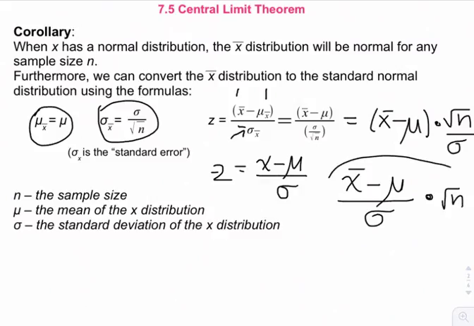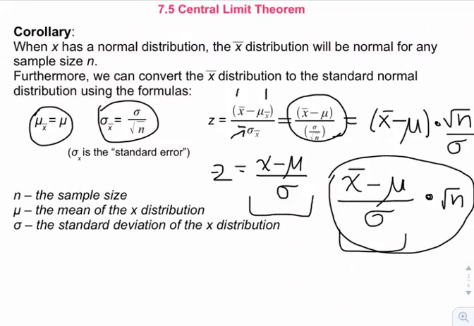So this is an alternative formulation you can use instead of this if you like. They're equivalent, but this left factor looks very much like this with the adjustment of this square root of n when you're talking about an x bar. So those are the same. Okay.